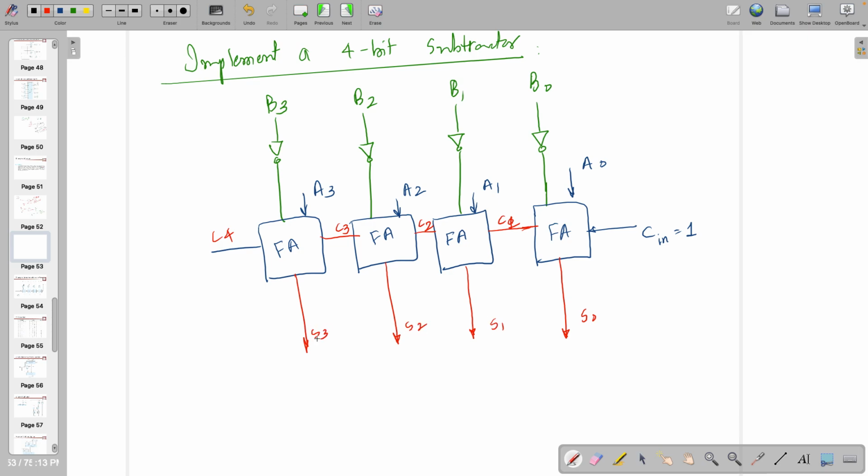Now let's assume that I want to subtract 10 with, let's say, 8, right? So I am expecting 2 as the answer, right? It has to be 0, 0, 1, 0. Let's see that. It's an unsigned number, right? So you should see the carry first of all with this architecture.